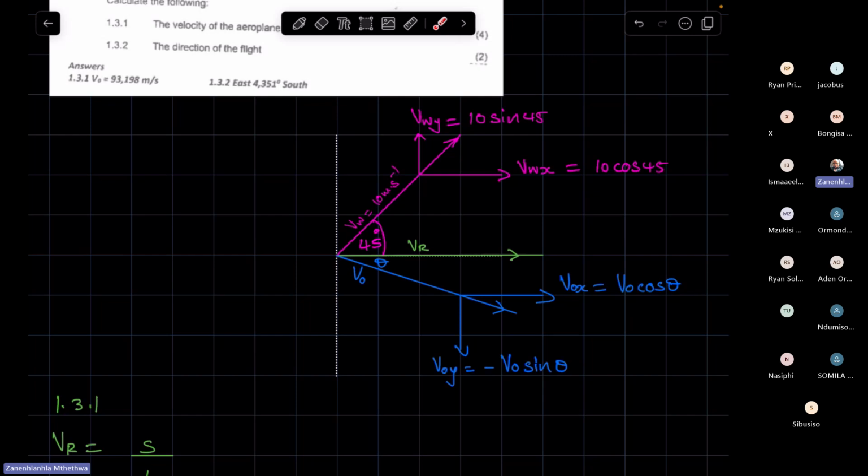So you now think, how do I get my plane to end up directly east after 300 kilometers? The only explanation is you fly your plane in this direction. So you essentially counter the wind, so as to end up directly east after 50 minutes or after 300 kilometers.